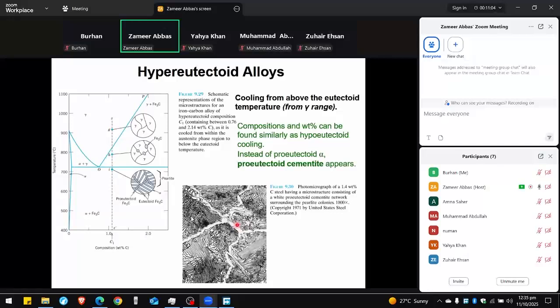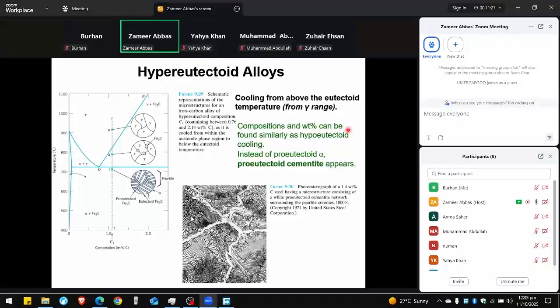Now iron carbide is a soft material, a hard material, or a brittle material? क्या कहेंगे? सर ब्रिटल होगा। Brittle होगा? Sure? यस सर, मेरे ख्याल में। Any other idea?